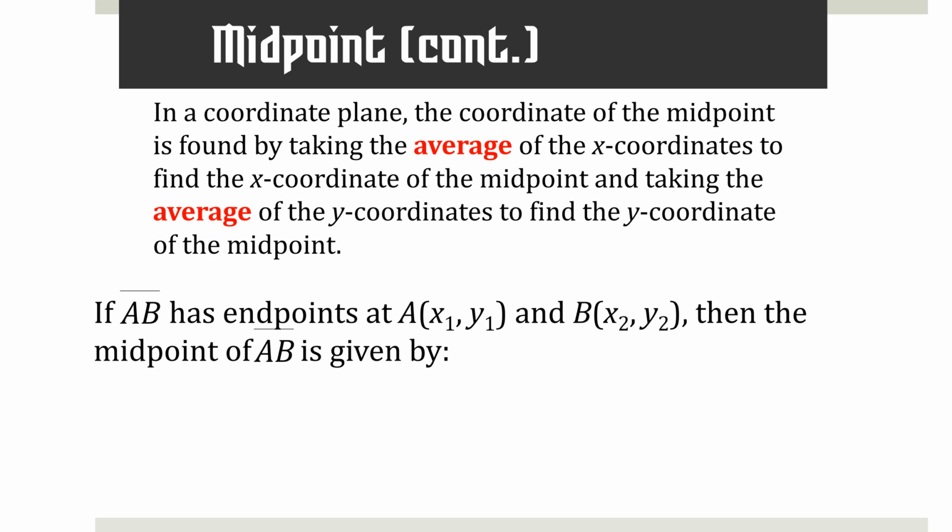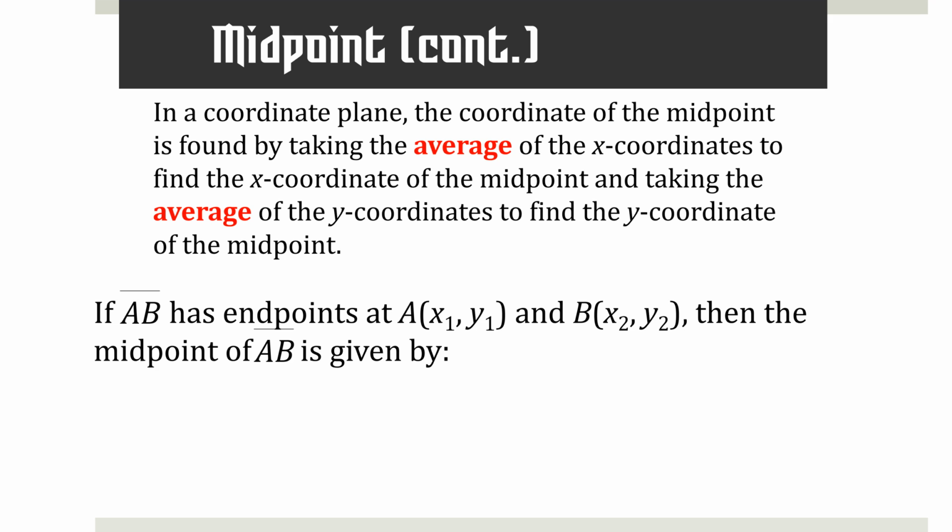We don't just do 1,000 examples with numbers, now we start talking in generalities. I've got some random point, x1, y1, and we call that A. And then we've got some other random point, x2, y2, that we call B. They can be anywhere on a coordinate plane.